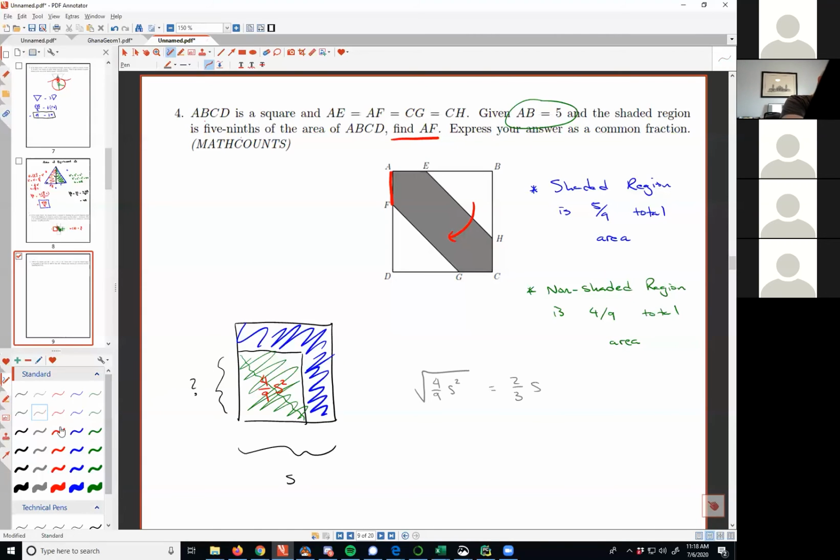So what is that length right there? 1/3 of s. That's right. And since s is 5, our answer is simply 5/3.